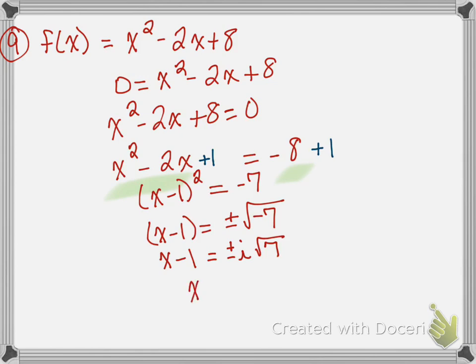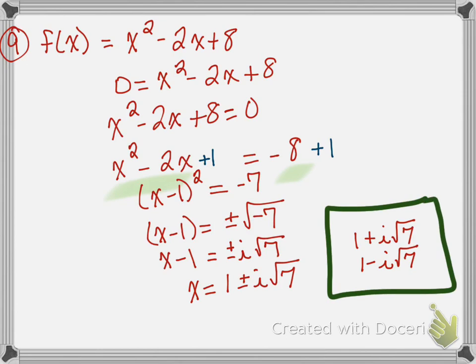Now my last step is I've got x equals 1 plus or minus i times the square root of 7. So I do have 2 solutions for this. My solutions are 1 plus i times the square root of 7 and 1 minus i times the square root of 7. Okay? Those are my solutions.